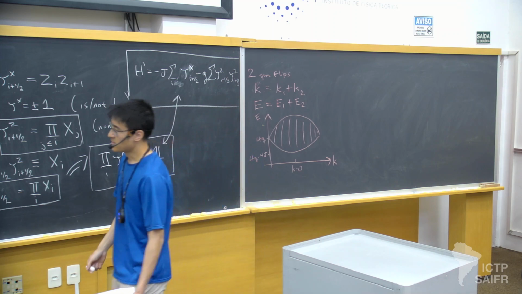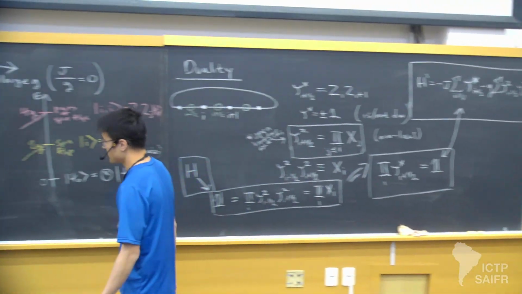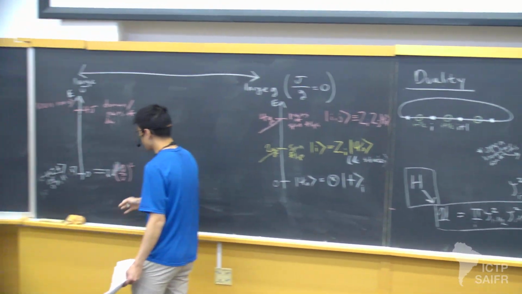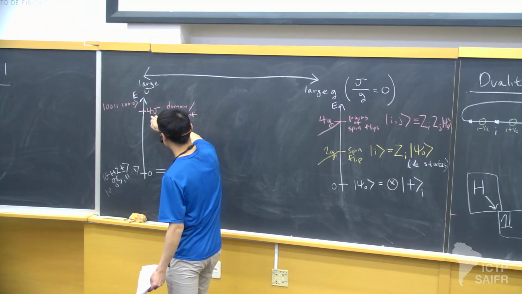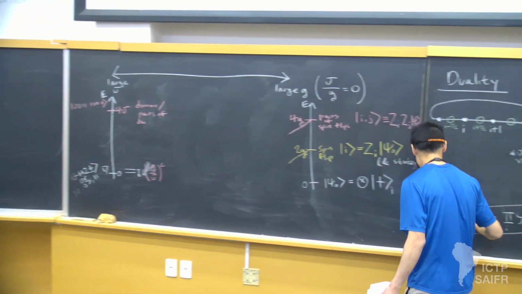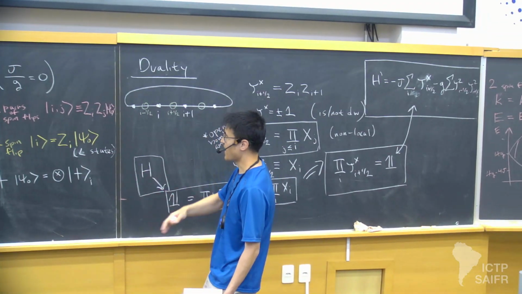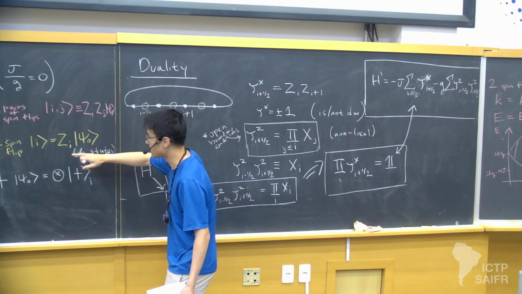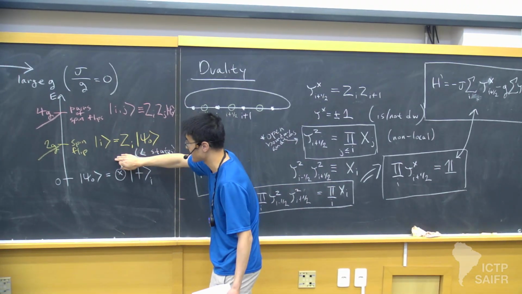So basically, I can look at domain wall excitations in this given Ising sector, and that maps to some spin flip excitations on this side.